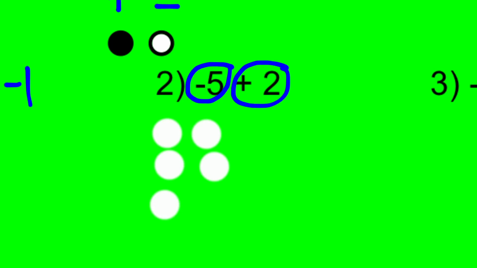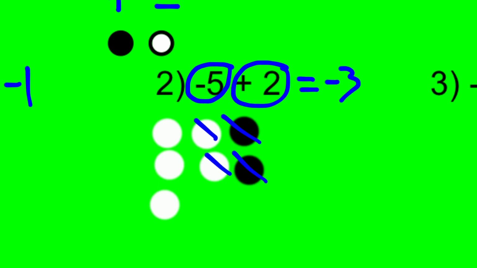And 2 positives would be doink, doink. And then to look at the zero pairs, I have this one and this one go away, this one goes away, and I'm left with -3. Once again, look at what I'm doing here. I'm subtracting, 5 take away 2, and since I have more negatives, the answer is negative.